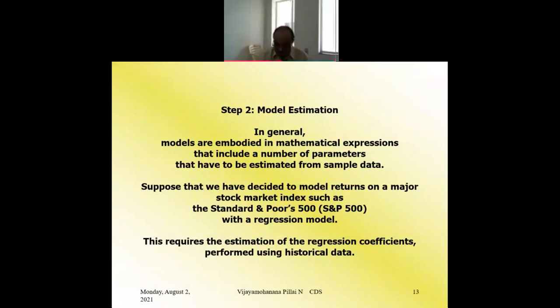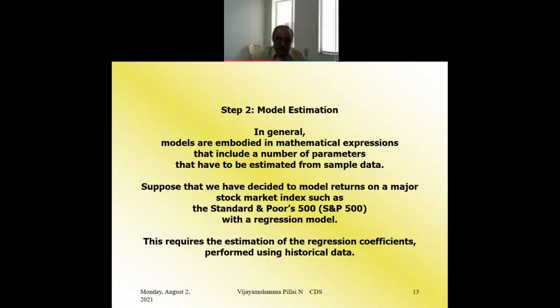I believe that you are all familiar with statistics, especially the distinction between a population and a sample, the difference between parameters and statistics, and then the estimation procedure, and so on. If you have any doubt, you can ask me then and there. If you are not familiar with parameters and statistics, then you can ask me. I shall explain those things.